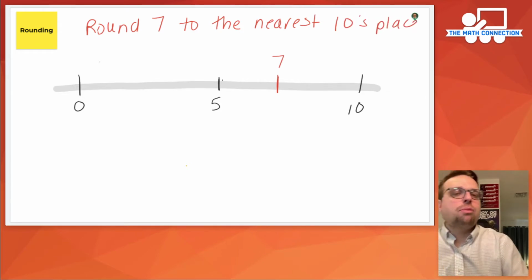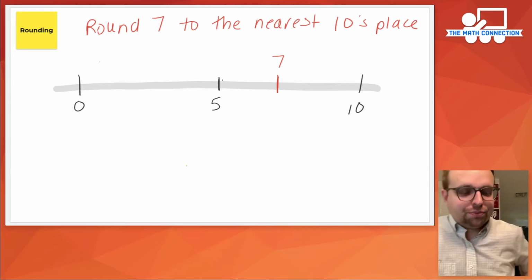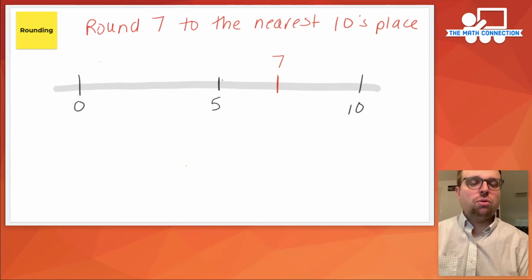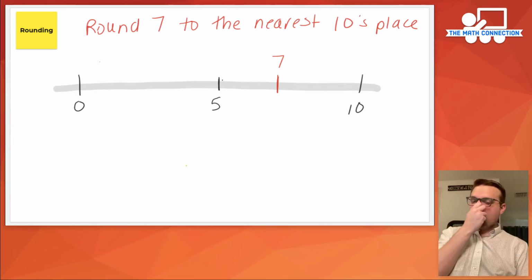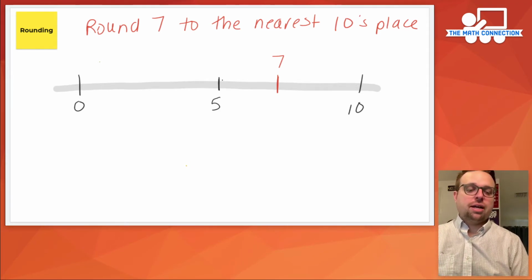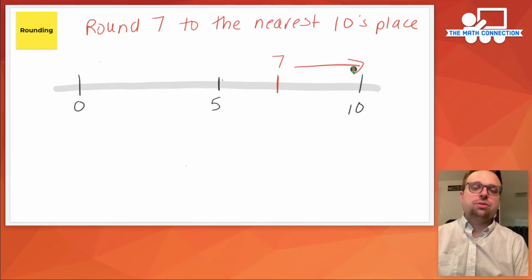Or sometimes the problem might just say round 7 to the nearest 10. So you look and see, is 7 closer to 0 or 10? For me, looking at the diagram helps the most, and I can clearly see that 7 would round up to 10. It would be closer to 10.